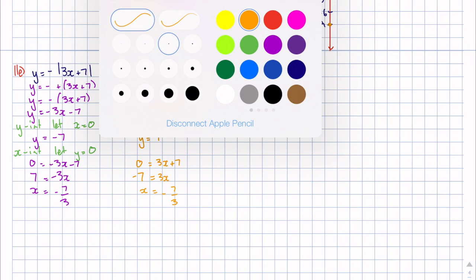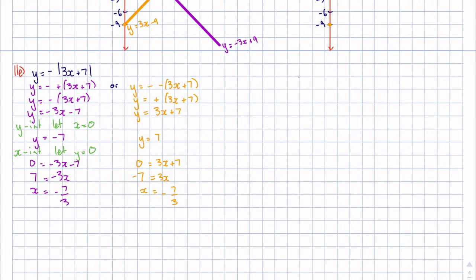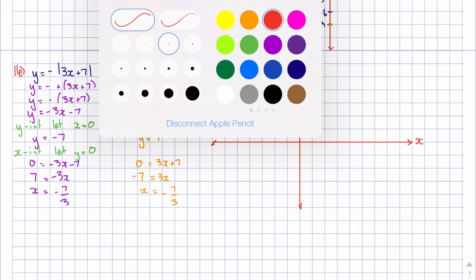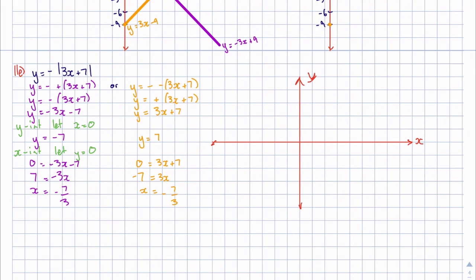So when we sketch this baby, I'm not going to be too careful with this one. Y, x. So if I sketch the purple one, y-intercept, well, I'm going to call negative 7 here. And negative 7 on 3, 2 1/3 is it?